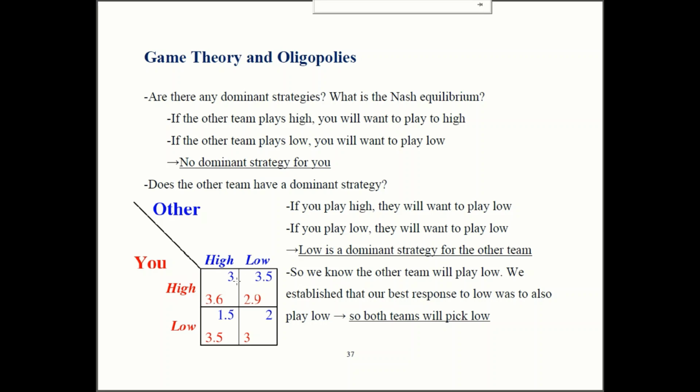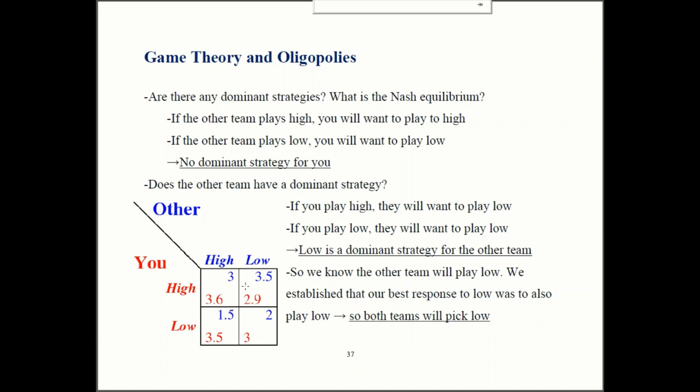Now if you're playing high while they're playing low instead, their profits shown here in blue are 3.5 million. Just like you, they want the biggest possible profits. So if they think you're playing high, they'd rather play low and get 3.5 million rather than get just 3 million. So if they think you're going to play high, they want to play low. That's what we've established.